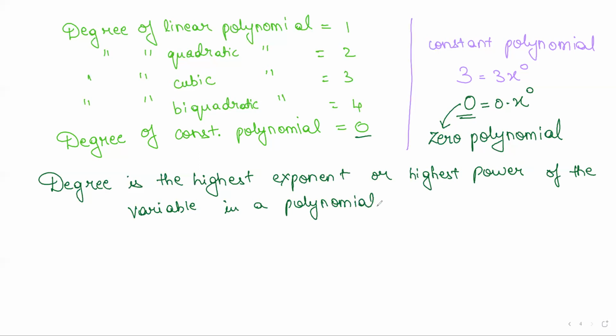That means whatever variable you have, that variable should hold certain powers in certain terms. The maximum power that it holds throughout your polynomial is the value of degree, and that is the degree of the complete polynomial.